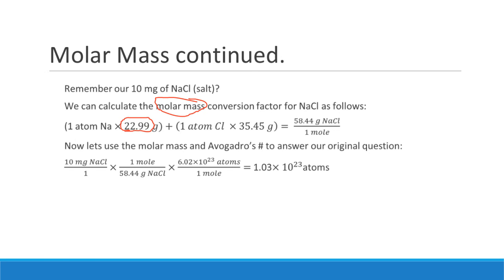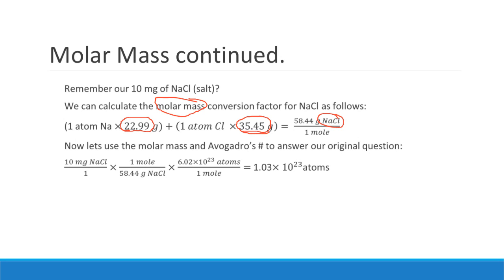So we count 1 times that amount plus 1 times 35.45, which is chlorine's atomic mass, which is going to equal together 58.44 grams of sodium chloride.